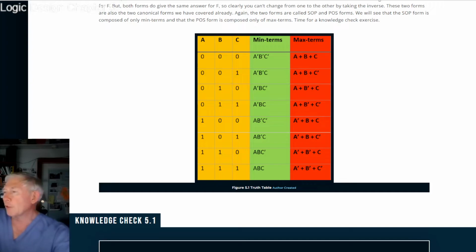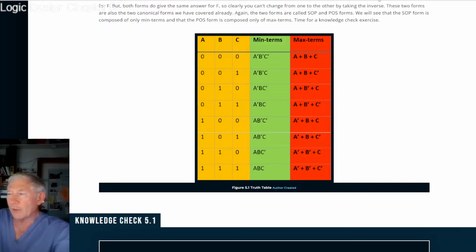Now, if we take this minterm and just invert it, it exactly gives us the max term. So if you invert A prime, B prime, C prime, you get A plus B plus C. So this would be an OR gate, this would be an AND gate. Here you get A plus B plus C prime, because C is not primed. So we have to flip all the variables and change the operators.